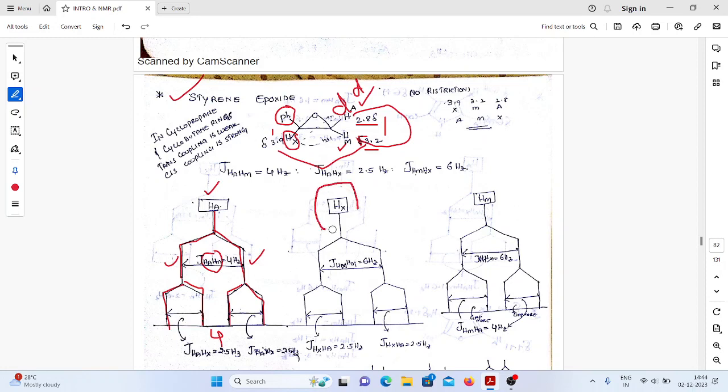Clear? Similarly, HX is initially coupled with HM, so we will get a doublet. This is one line, this is another line. Then HX will couple with HA, and HA will give a doublet. So this is one doublet and this is one doublet. Similarly, HM will couple with the HX, then a doublet is there. Then HM will couple with the HA, again two doublets are there.